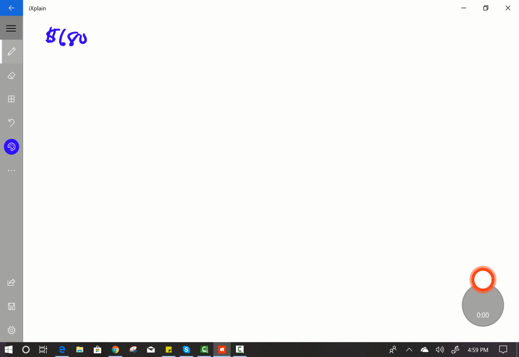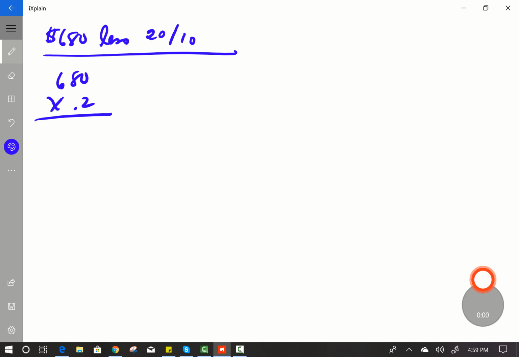That's a list price, and we're going to provide a 20% discount and a 10% discount. And it may look something like this. So here's the actual problem right there. So 680 times 20%, or 0.2, will give a discount of $136.